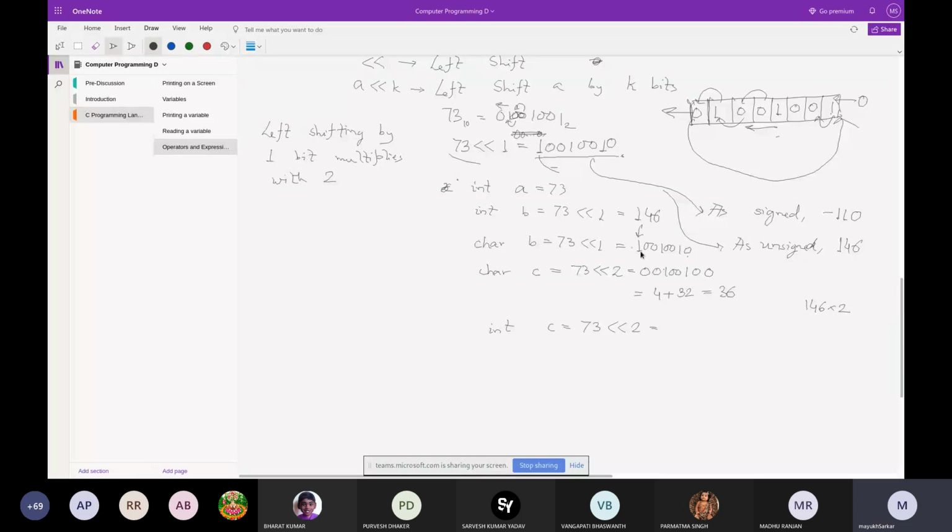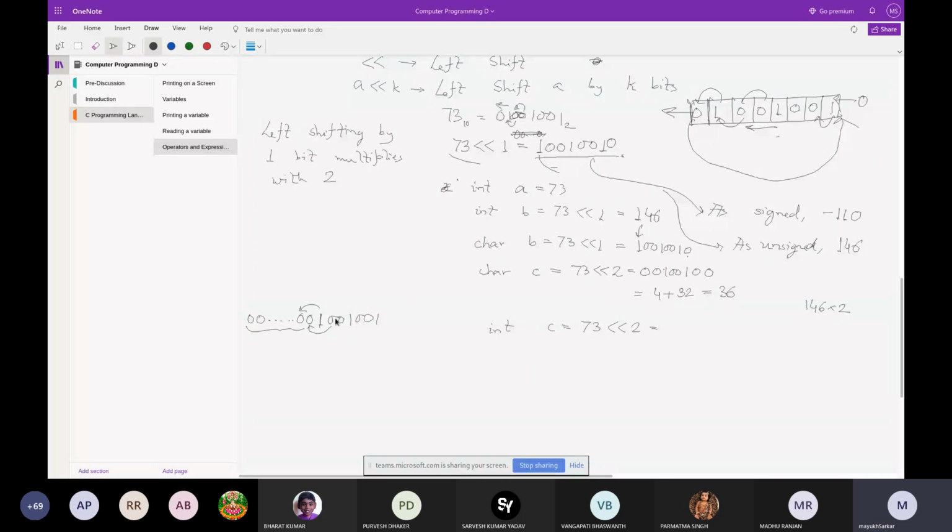Okay, but in the case of integer, the first one will not be removed, right? In the case of 73, as for example, say this is 0, 1, 0, 0, 1, 0, 0, 1, and there are 24 more zeros in front of this. Now, if you left shift this by 2, this will come here.